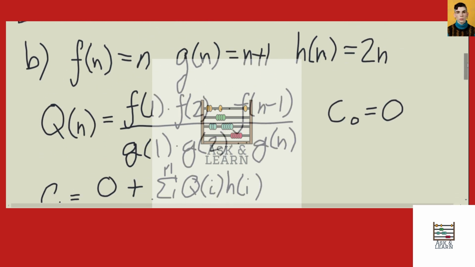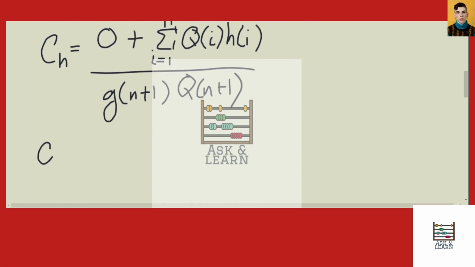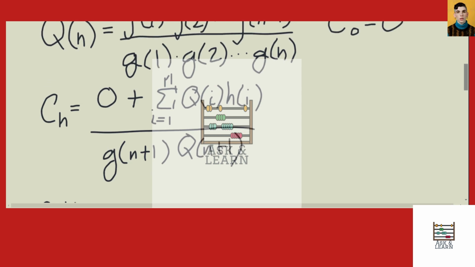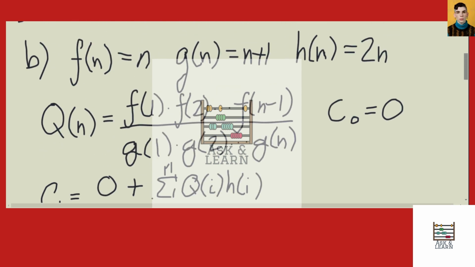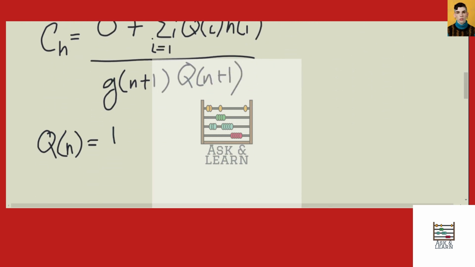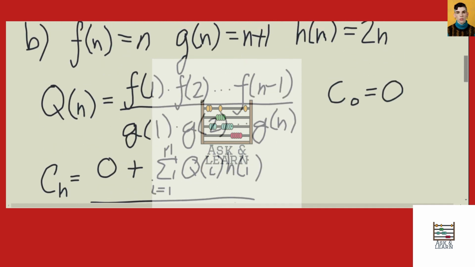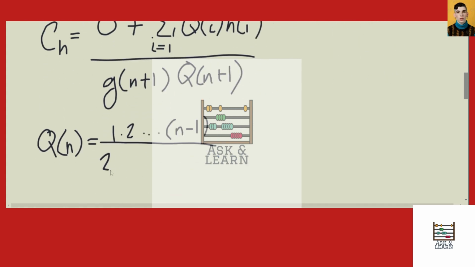And now, to figure out what q of n is, well, this is f of 1 is just 1, f of 2 is 2, all the way up to f of n minus 1, which is n minus 1. And then the denominator, we have g of 1, which is 2, g of 2, which is 3, all the way up to g of n, which is n plus 1.